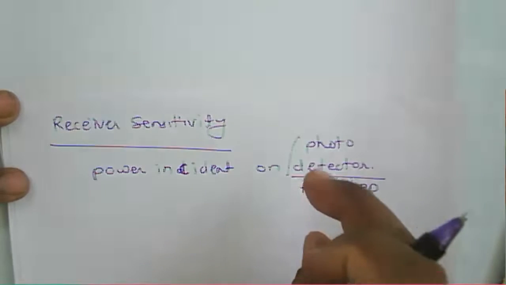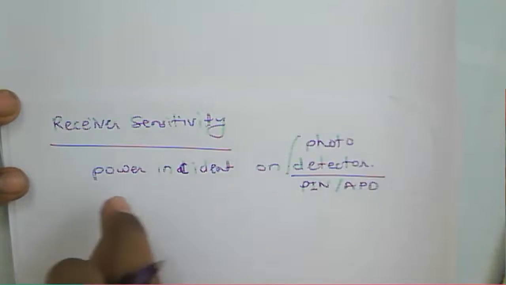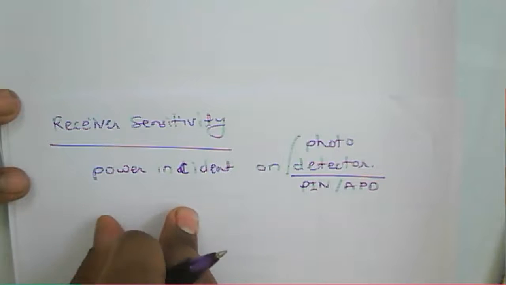So means the photo detector output will be depending upon what will be the incident power level.